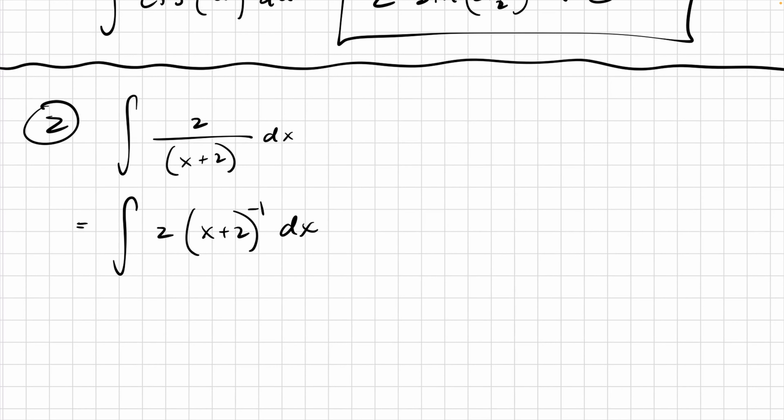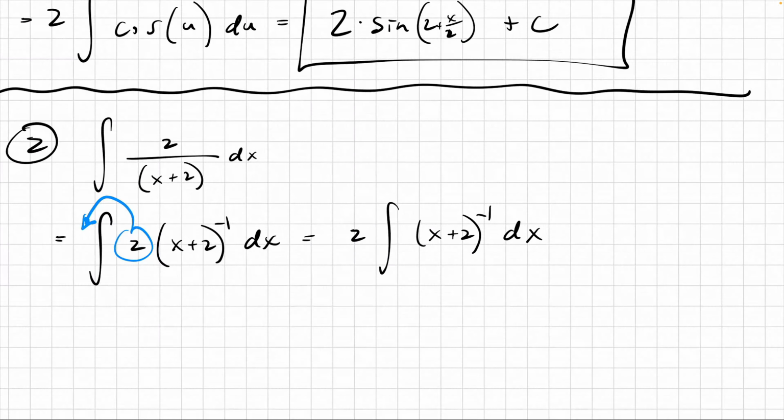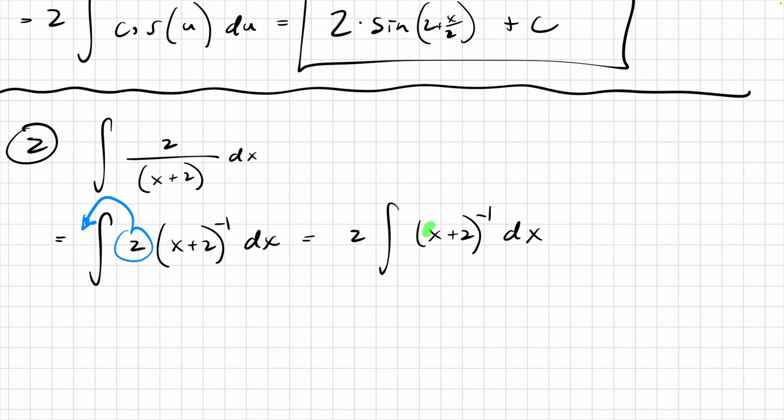And then move the 2 to the front because the 2 is just a 2. Right? And then choose this one as your u. There's only one thing to choose as your u now.